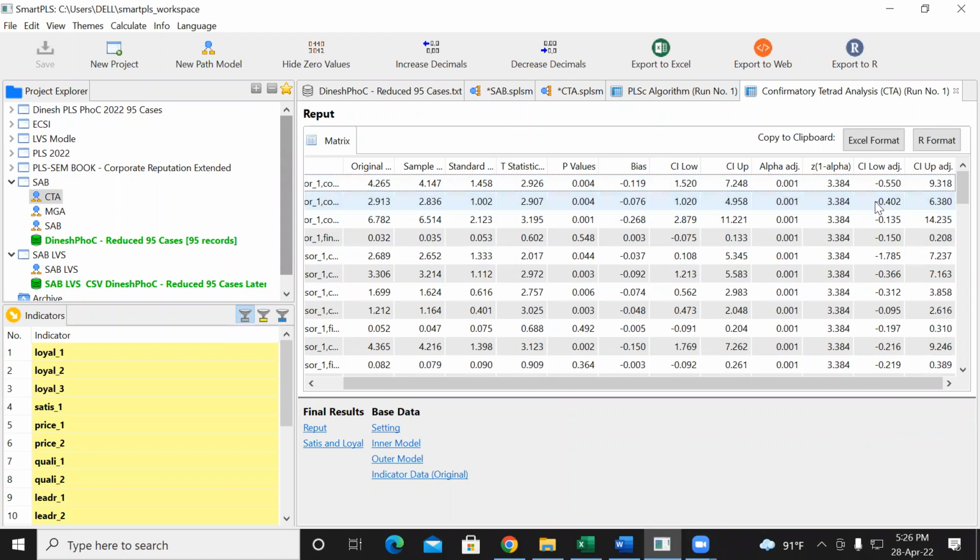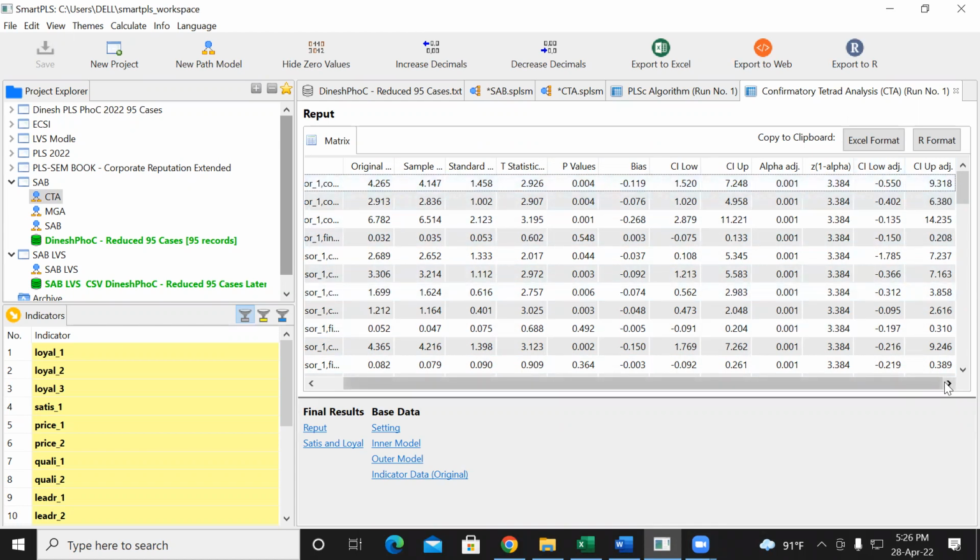Always you see, lower boundary is minus, upper boundary is plus in most of the cases. Sometimes there can be very few where both are plus or minus. That means 0 is not there. But in this, in most of the cases, 0 is included within the boundary. That means lower one is minus, upper one is plus.